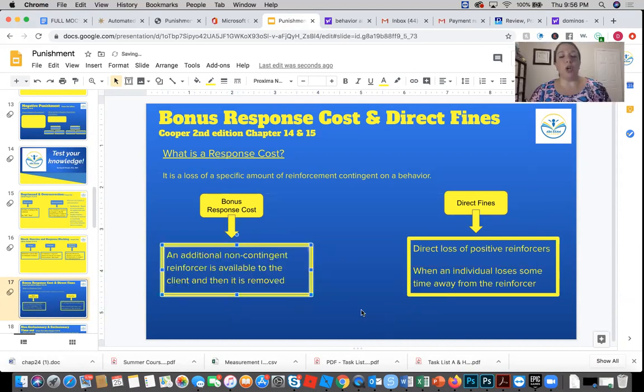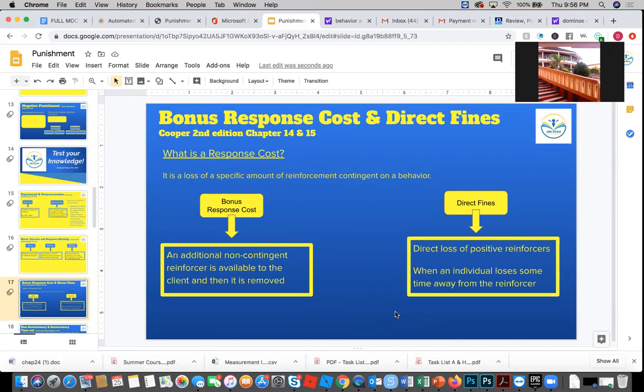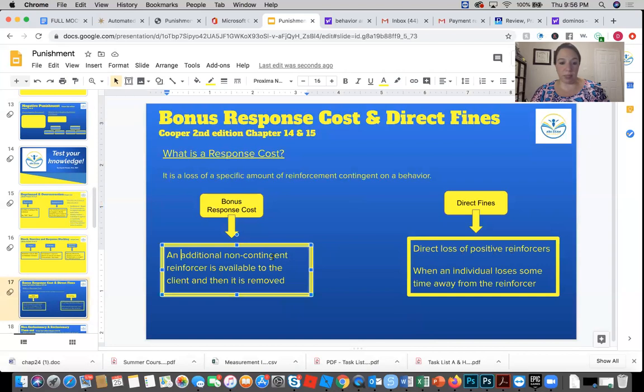Does anyone know the biggest difference between both of these? For bonus, I always look for the additional, something extra is taken away. Perfect. That's exactly what I was looking for. So the main word here between both of these is additional. Okay. This is something that is added that normally doesn't happen.